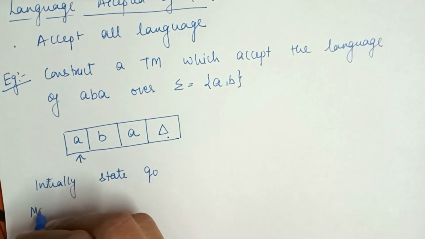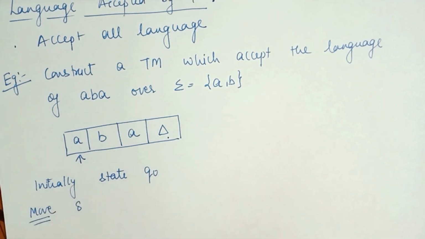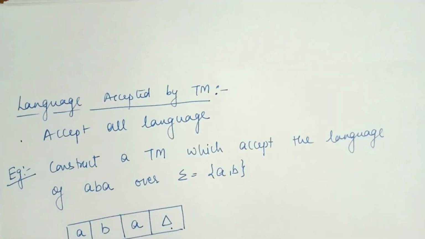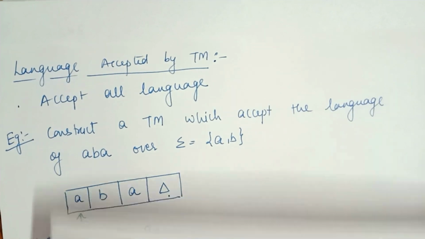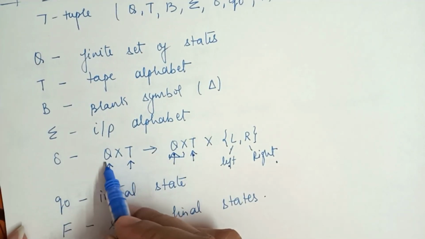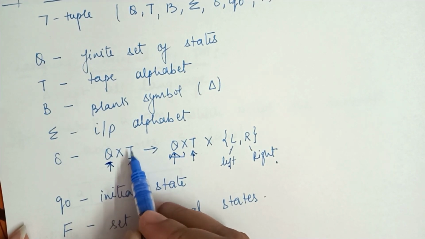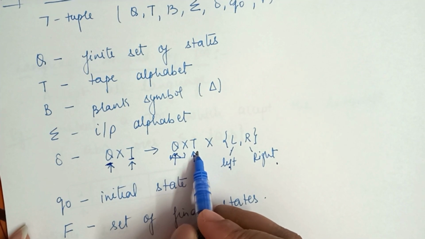Now the move that we have is defined by the transition function delta. As we know, the transition function can be denoted as: this is the present state, present input symbol, it goes to the new state, and it may or may not change the input symbol.